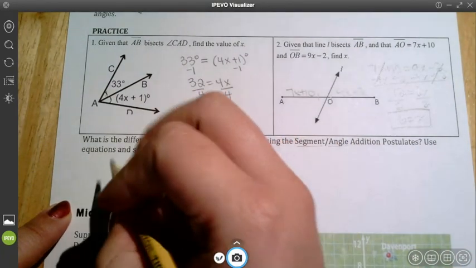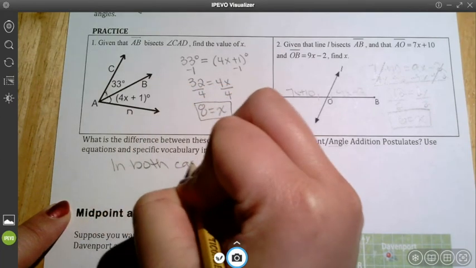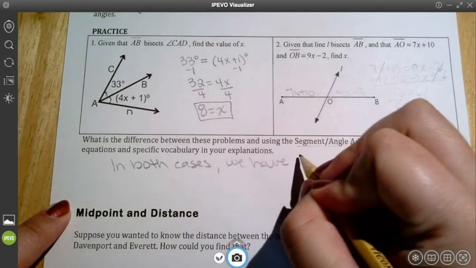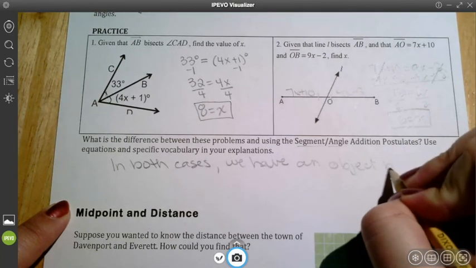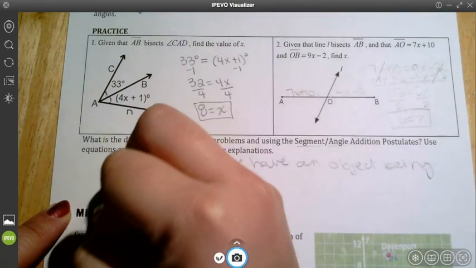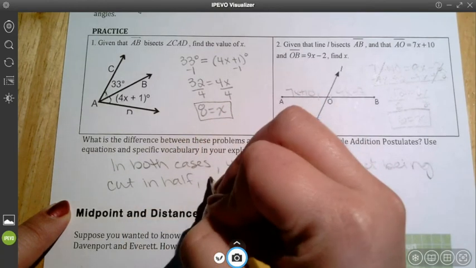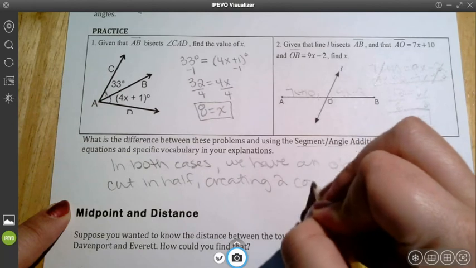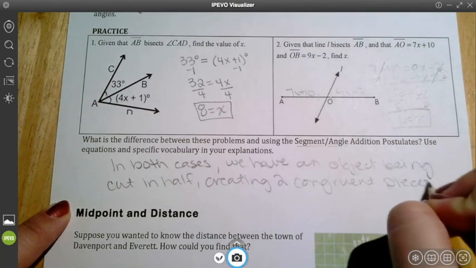Okay, so in both cases, we have an object being cut in half, creating two congruent pieces.